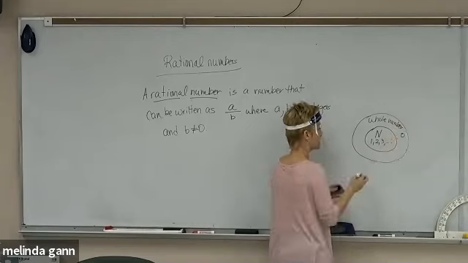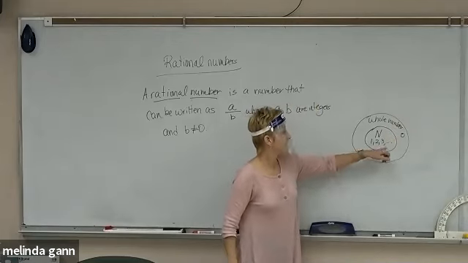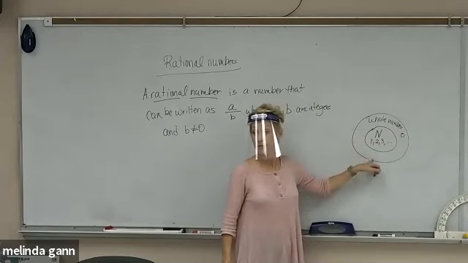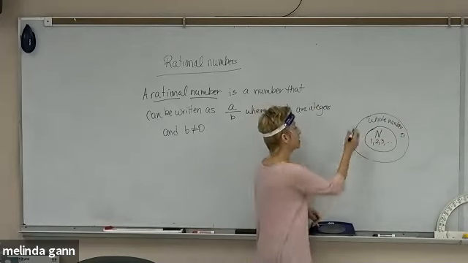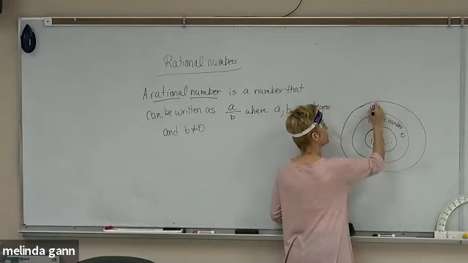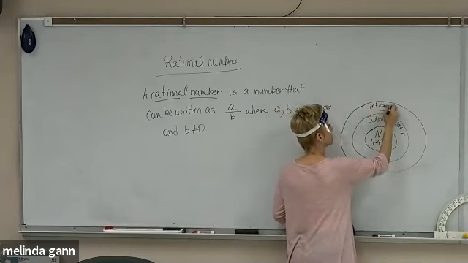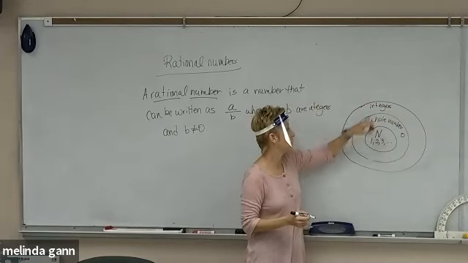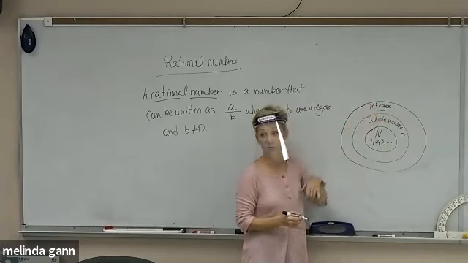All right, so do we understand that the natural numbers are a subset of the whole numbers? Now, whole numbers and natural numbers are both subsets of integers. 2 is a whole number, a natural number, and an integer. 1 is an integer.